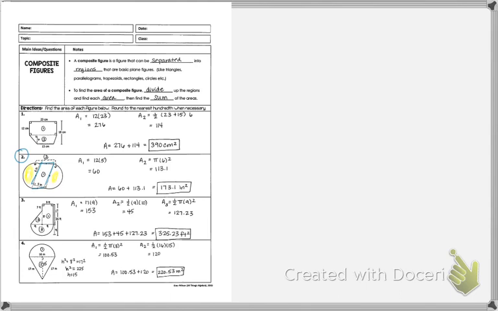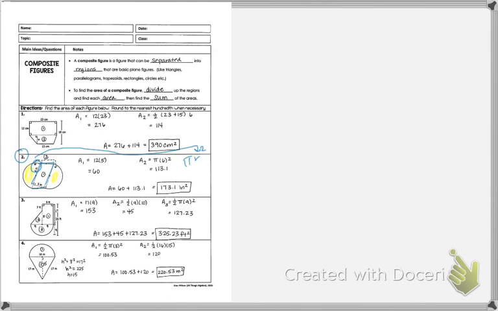That means those two half circles are just one full circle. To find the area of a circle, you need pi r squared. Guess what the radius is? Right here. That is my radius. That's also half the side of the parallelogram.